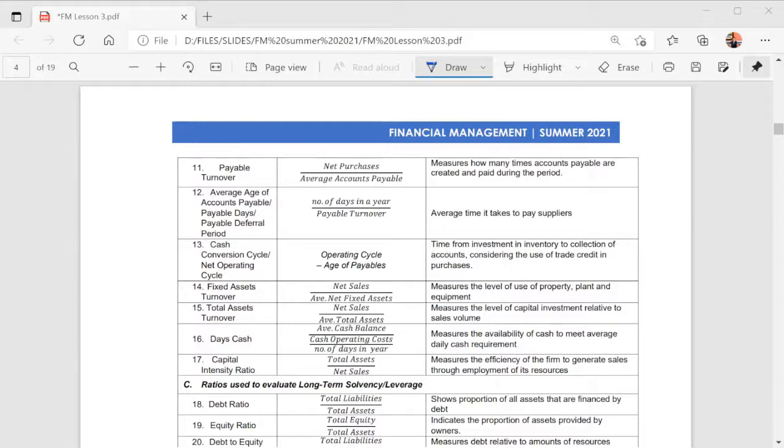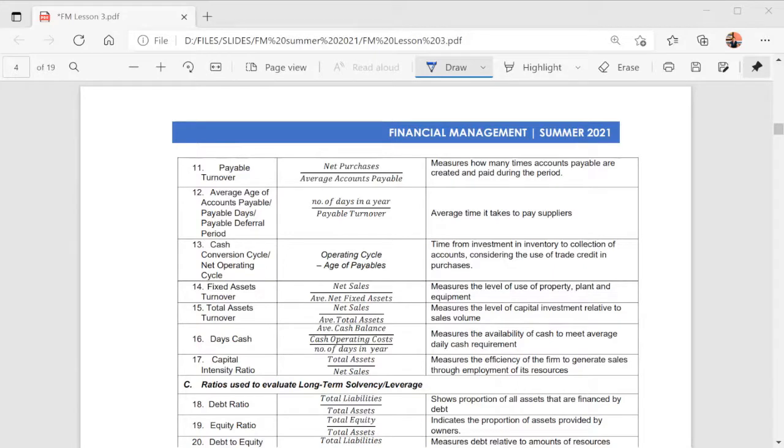So the reorder point here, if you're not going to create your inventory, but if you're going to buy the materials or you're going to buy the merchandise, the reorder point will determine when is the right time to order nga dili ta masubraan sa stocks, dili pud ta out of stock. So na ay formula for that to determine what is the right time.